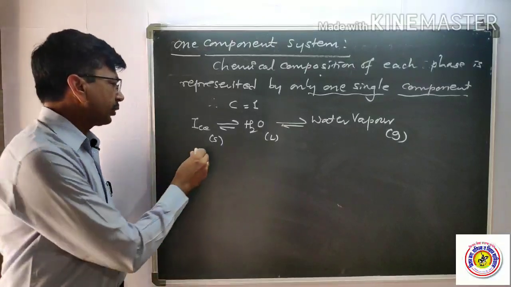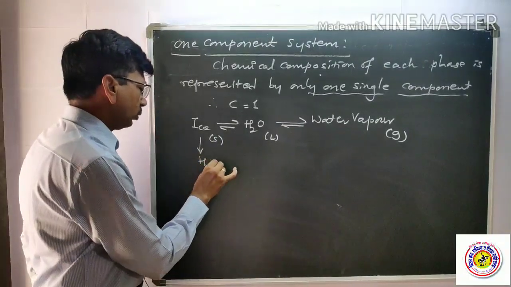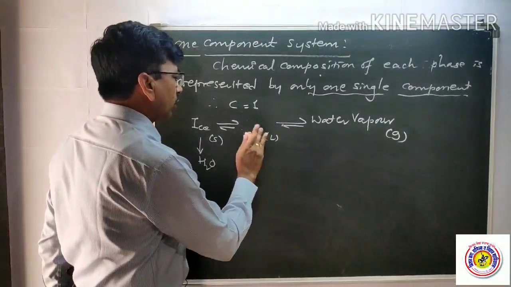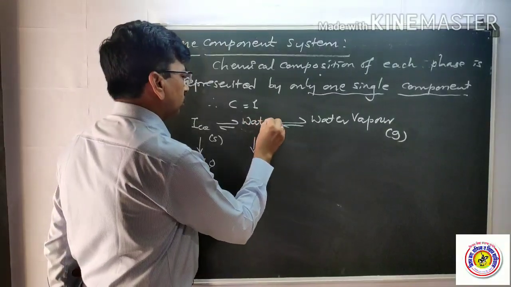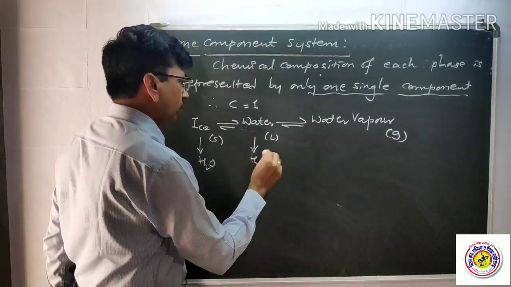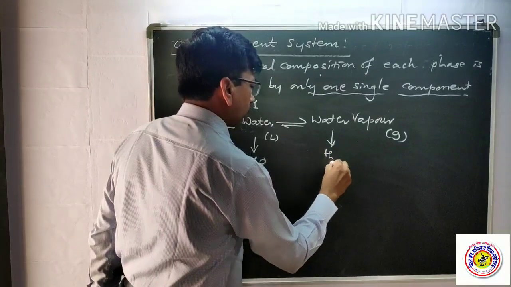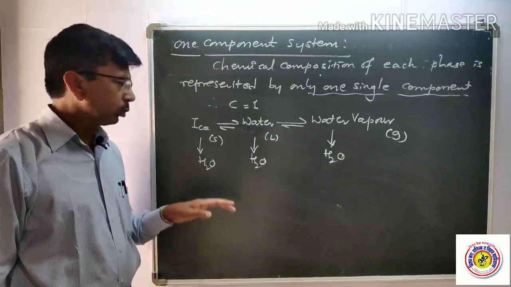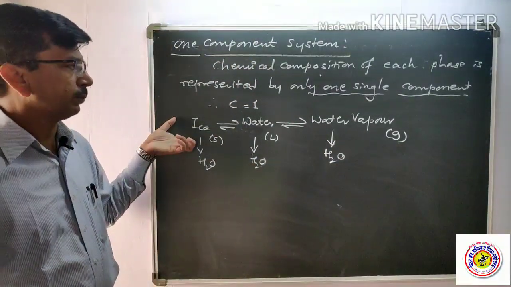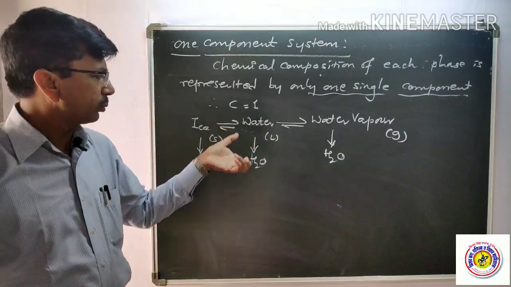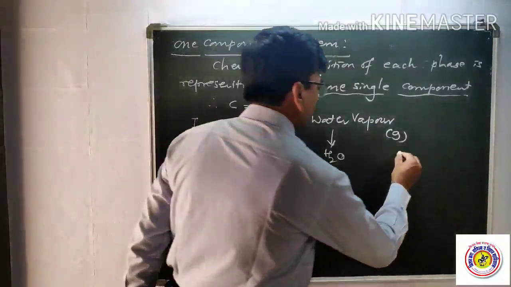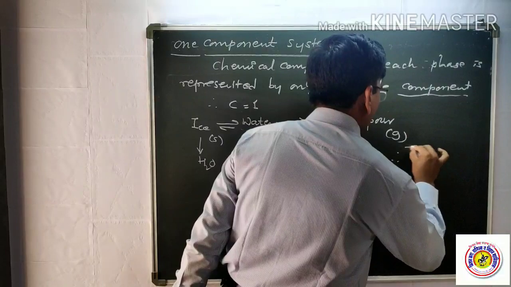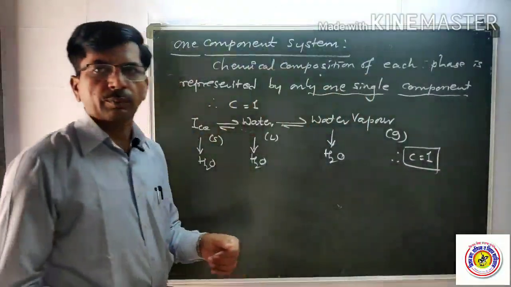In ice, water exists as H2O. In liquid water, it exists as H2O. In water vapor, it also exists as H2O. So the chemical composition in every phase is H2O. Therefore, C is equal to 1, so it is called a one component system.